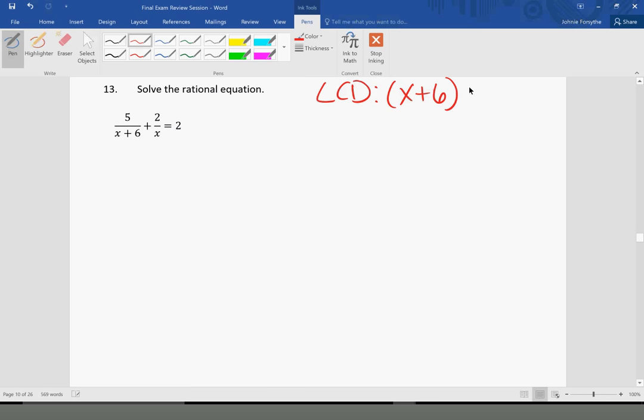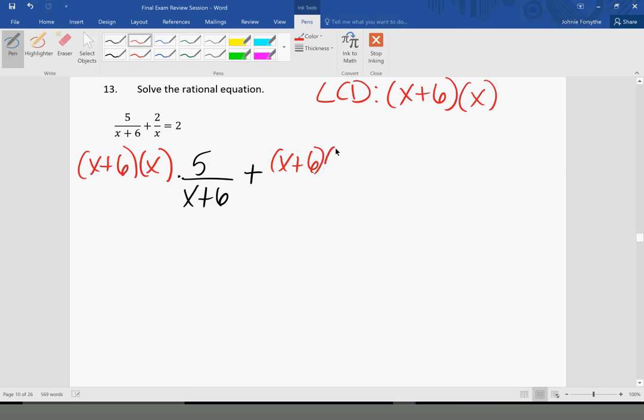And we have an x, that needs to be a part of our LCD. So we're going to multiply every single term by that least common denominator. So I'm going to write it all out so you see what we're doing. And the reason why we're doing that is because it actually gets rid of all of the fractions.